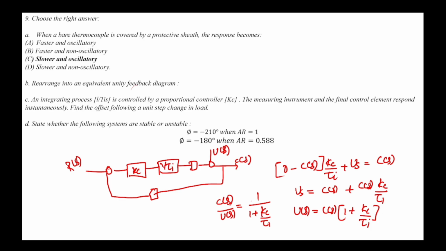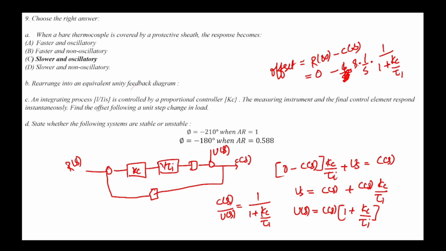Okay, now what is offset? Offset is equal to R infinite minus C infinite. Okay, what is R infinite? Since there is a change in load, not the set point, so it will become 0 minus C infinite. What is Cs? There is a unit step change in load, so Us will be 1 upon s, and Cs is 1 upon s into 1 upon 1 plus Kc upon tau I s.